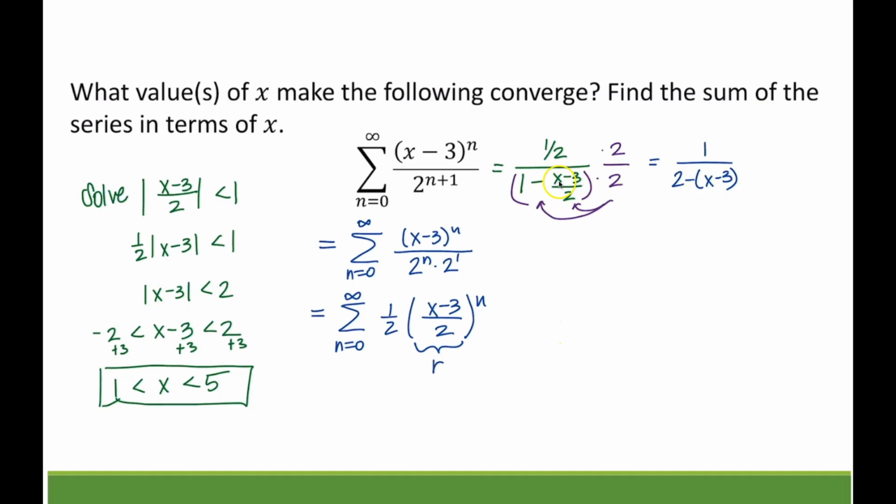Here the 2's cancel, but that negative still applies to the entire binomial. And then I'm going to have 1 over 2 minus x plus 3, or 1 over 5 minus x. So this is the sum in terms of x, and it only works when I substitute in x values that are between 1 and 5.